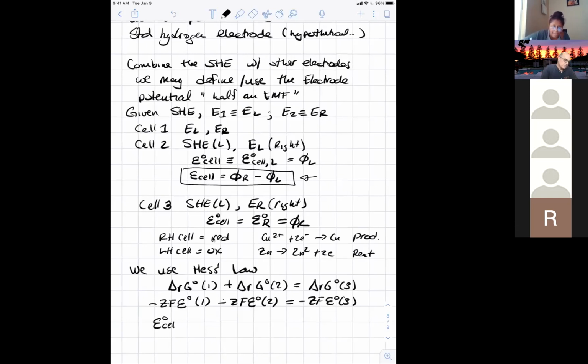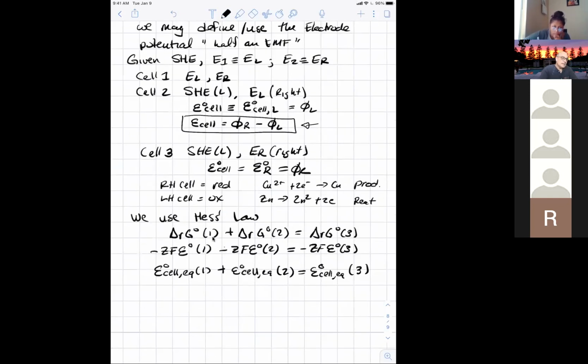In other words, now the way we've defined these, if you look up at the top, then the first reaction we're just going to call E cell that we want for the first reaction. So that's where this comes from.